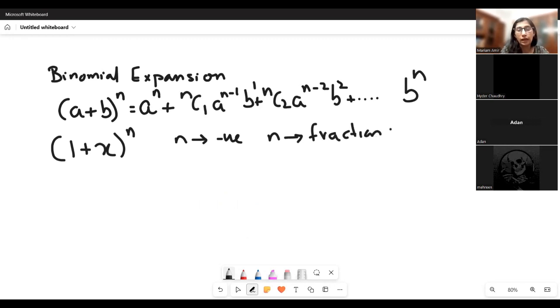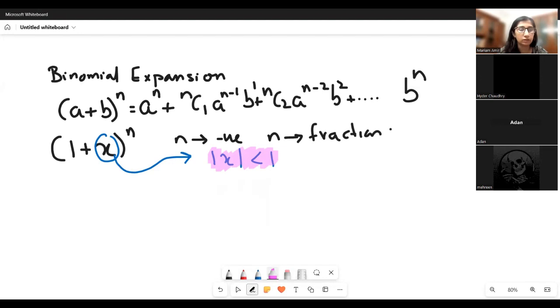And this x here is supposed to be a very small value. So the assumption here that we'll use would be that modulus of x is always less than 1. This is an important assumption. You must remember this, that whenever you're applying binomial expansion, this x is a very small value.